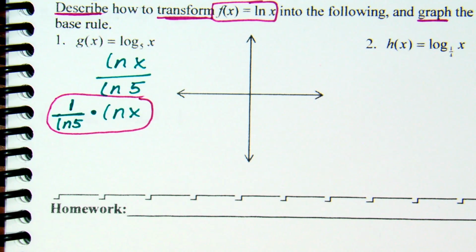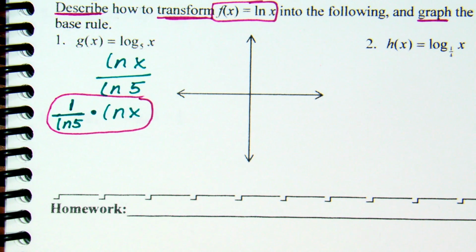So when it says how do we transform natural log of x, it's either a vertical stretch or a vertical shrink. What is it doing? How do we know if it's a stretch or a shrink? It's 1 divided by something, so it'll shrink, depending on what it is. If you're doing 1 divided by a decimal, no.